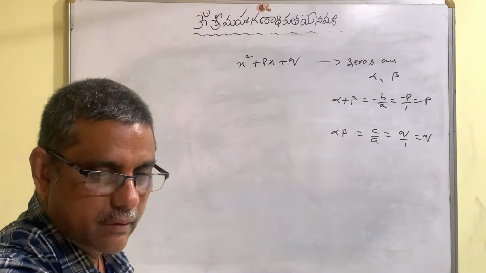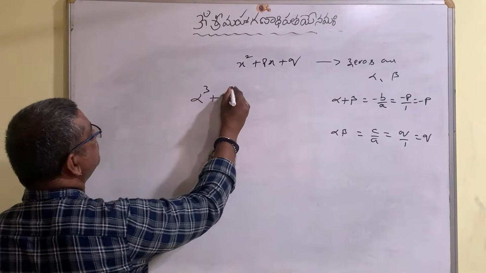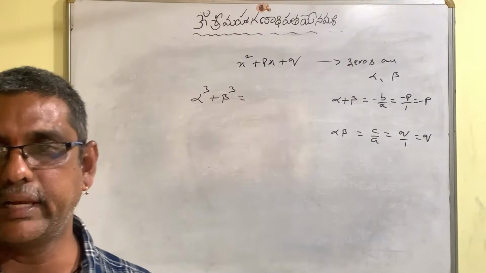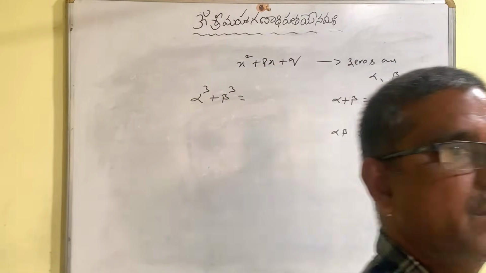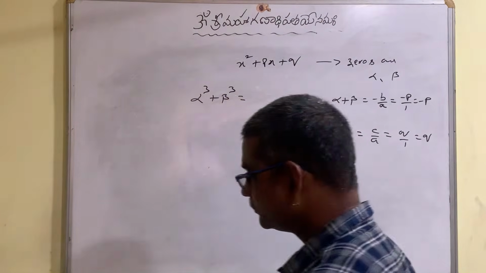And find the value of alpha cube plus beta cube. Okay. Now how to do this?